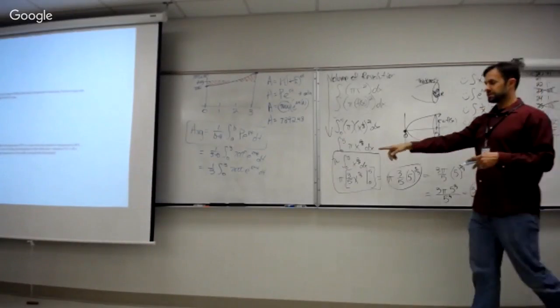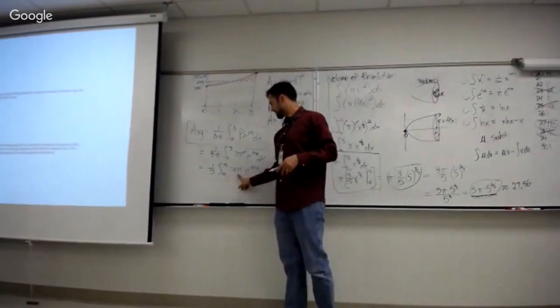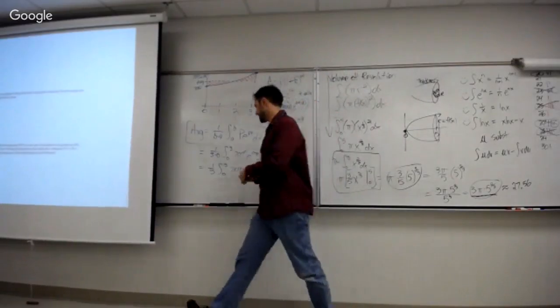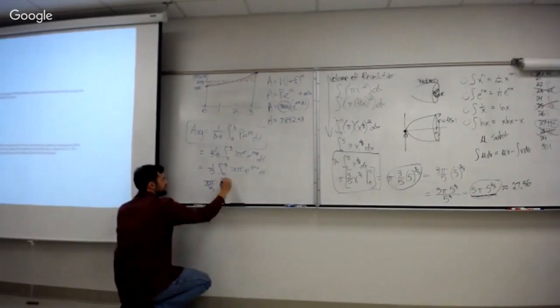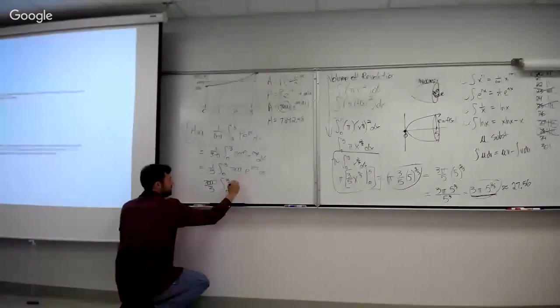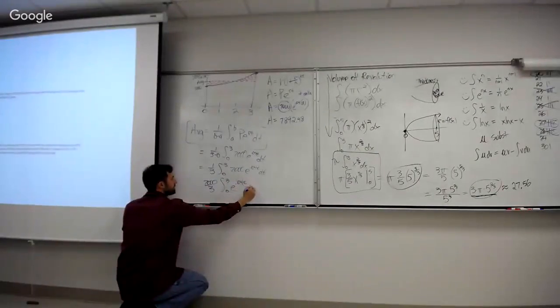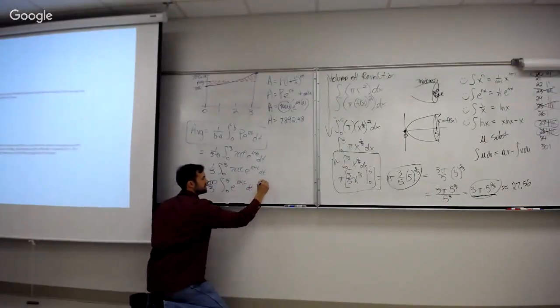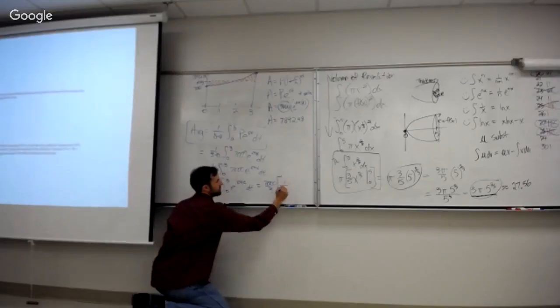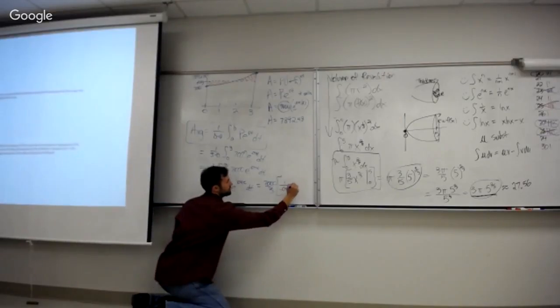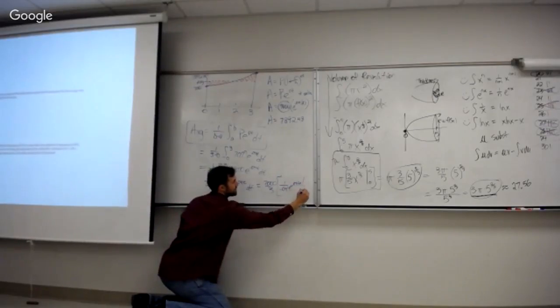But what can we do first? Yeah, move that 7,000 outside just to get it out of the way. So now we really have 7,000 thirds, integral from 0 to 3 of e to the 0.04 t dt. And so that's the 7,000 thirds times bracket 1 over 0.04 e to the 0.04 t evaluated from 0 to 3.